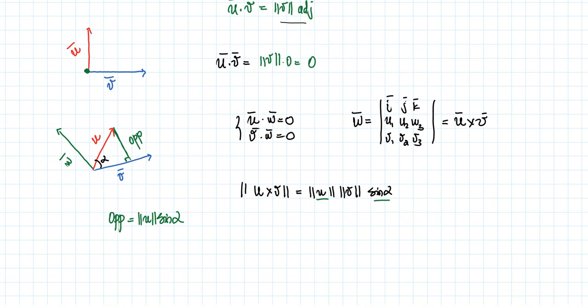So now we can substitute u multiplied by the sine of alpha here, and we can get some intuition about the cross product, right? So the norm of the cross product of u and v is going to be equal to the length of this vector v multiplied by the opposite side, right? When we're doing this projection, this is going to be the length of this vector, so you're projecting vector u onto v.